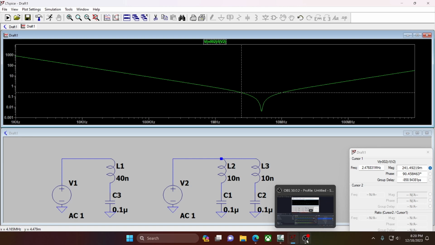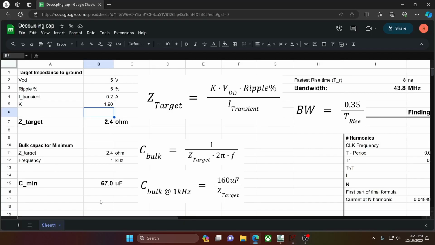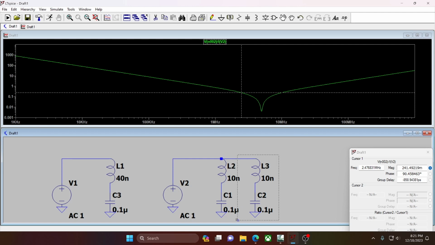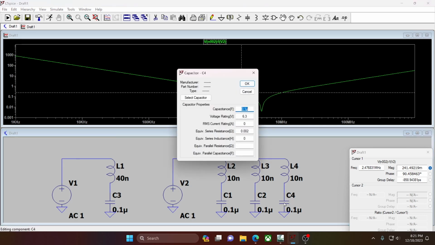What we can do is go back, get that bulk capacitance in. Let's just go with 100. Oh, 100U.